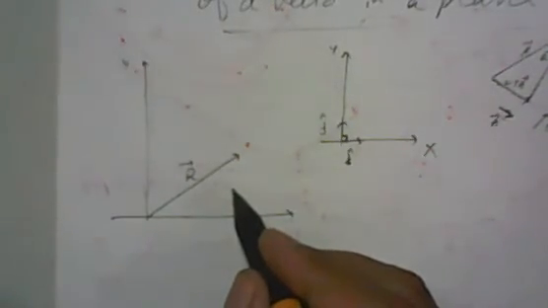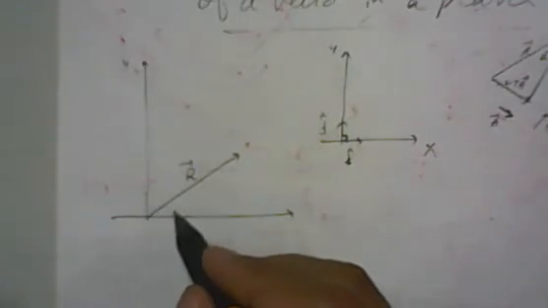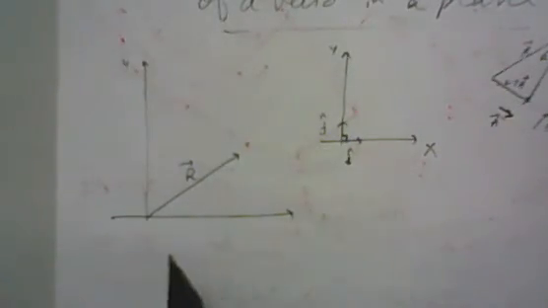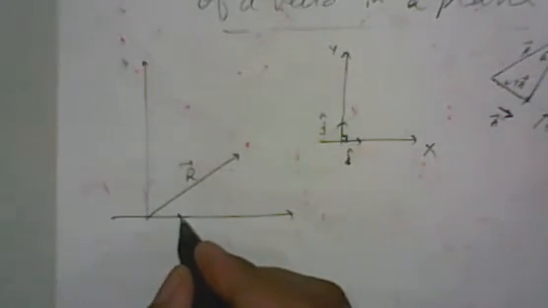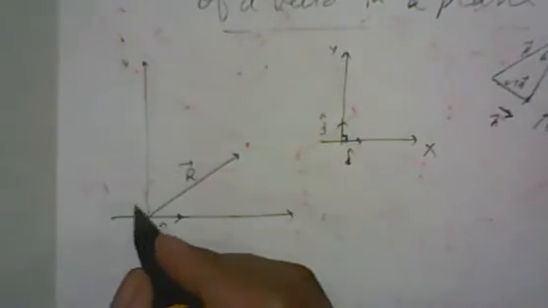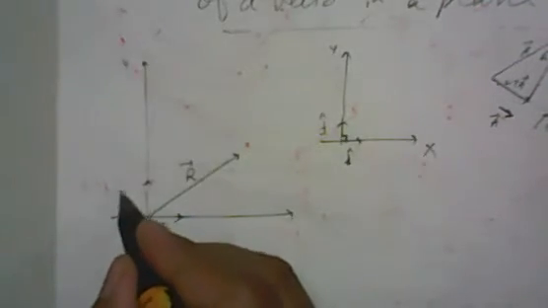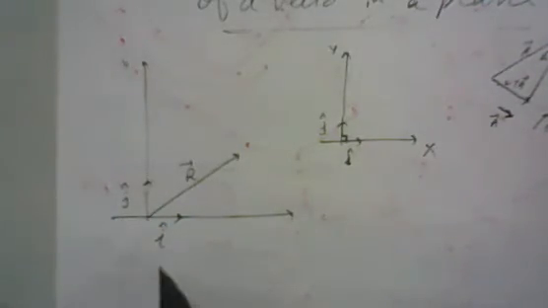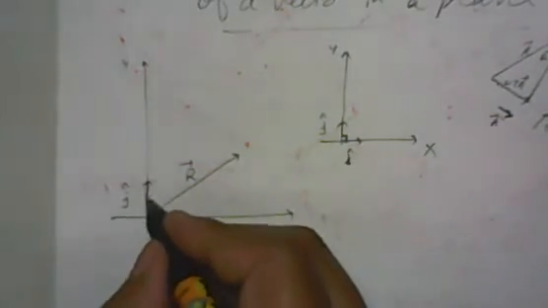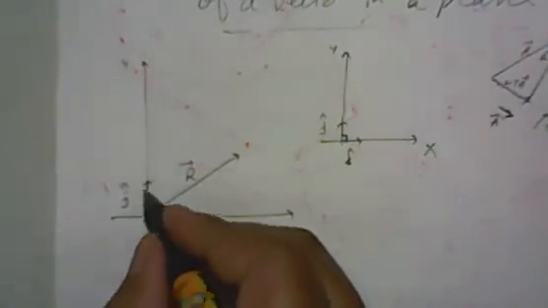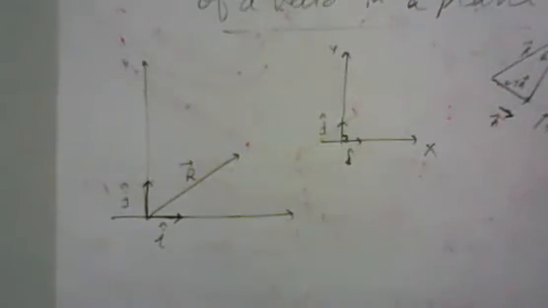Now we can complete the parallelogram, which is obviously a rectangle, because this is the unit vector I cap in the direction of x, and this is the j cap vector in the direction of y.